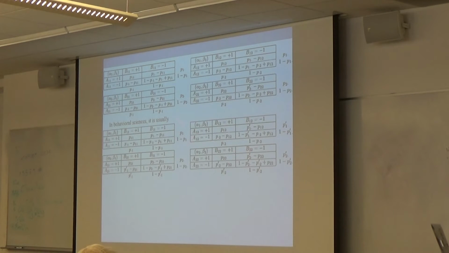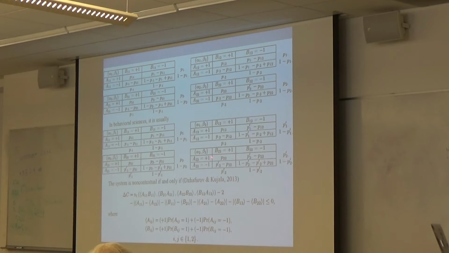Here I use P prime and P's to represent the unequal marginals. For such a situation, we need an extended theory to account for contextuality. One such theory is contextuality by default, developed by Dr. Ehtibar Dzhafarov and his colleagues.